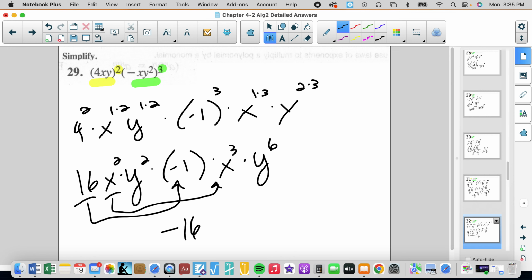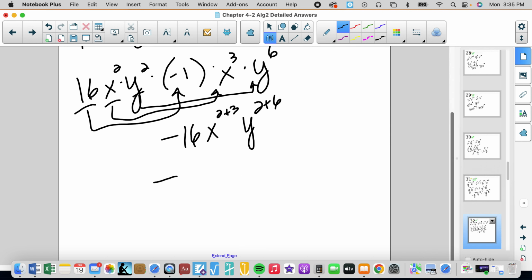X squared times x to the 3rd, y to the 2nd plus 6. Negative 16, that's a big negative right there. Negative 16, x to the 5th, y to the 8th.